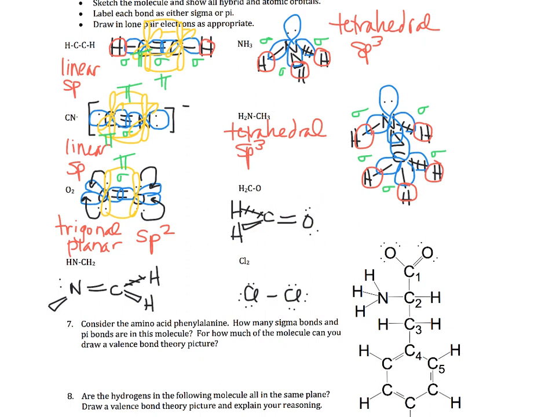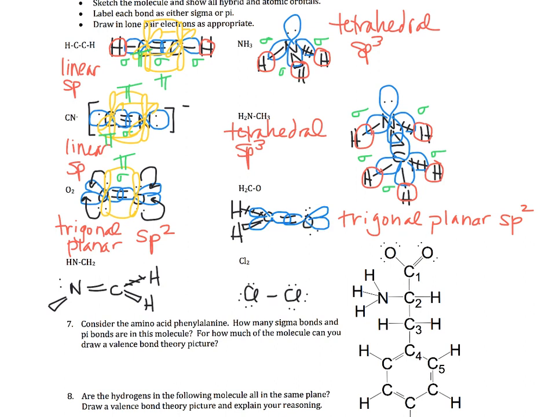So this has 3 regions. So each one of those is going to be trigonal planar, and that's going to lead again to sp2 hybrid orbitals. When we get a set of sp2s, they always come in a set of 3. They're in a trigonal planar arrangement. So here are the ones on the carbon. Here are the ones on the oxygen.